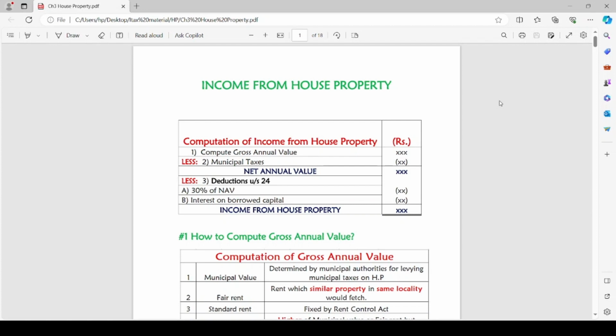Then we have to provide for deductions under section 24. The first deduction is under section 24A, that is standard deduction at the rate of 30% of net annual value. The second deduction is under section 24B, that is interest on borrowed capital. After providing for these deductions, we arrive at the value which is income from house property.